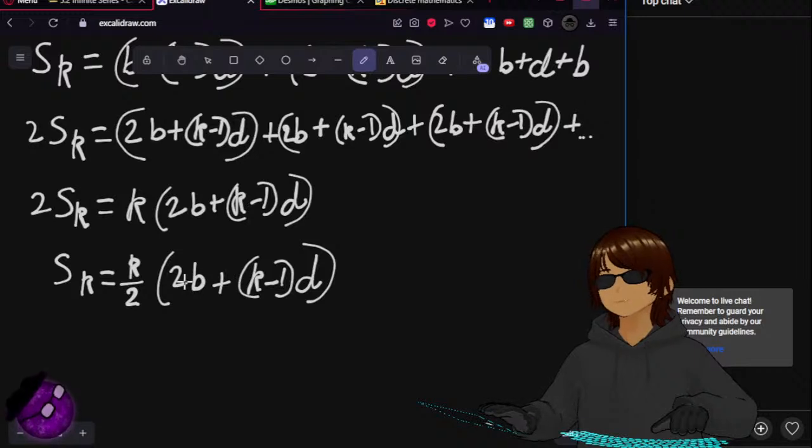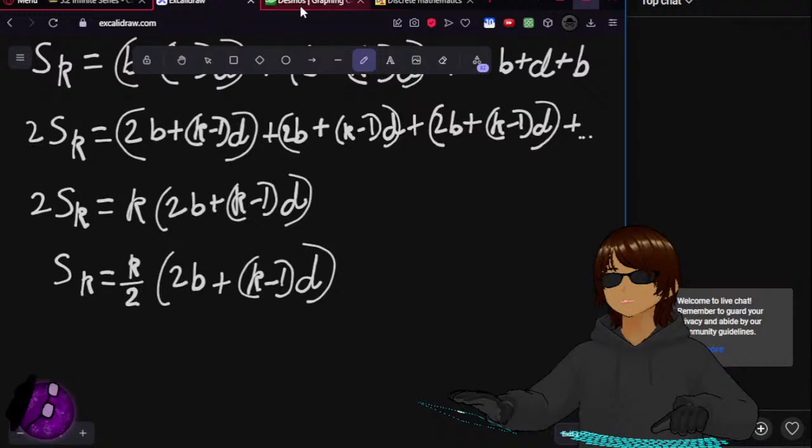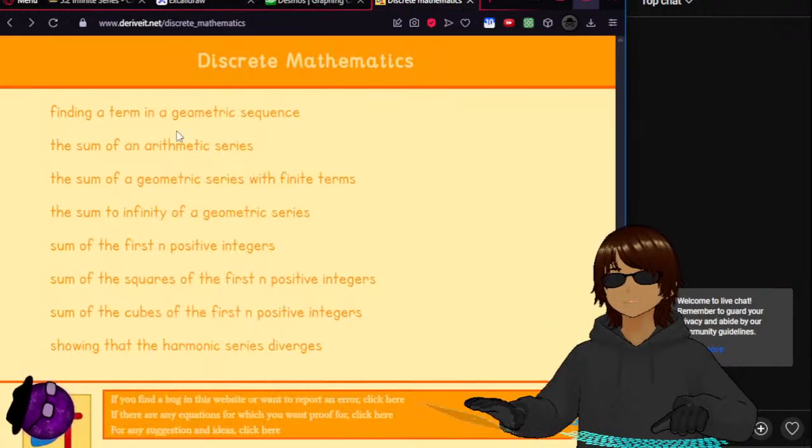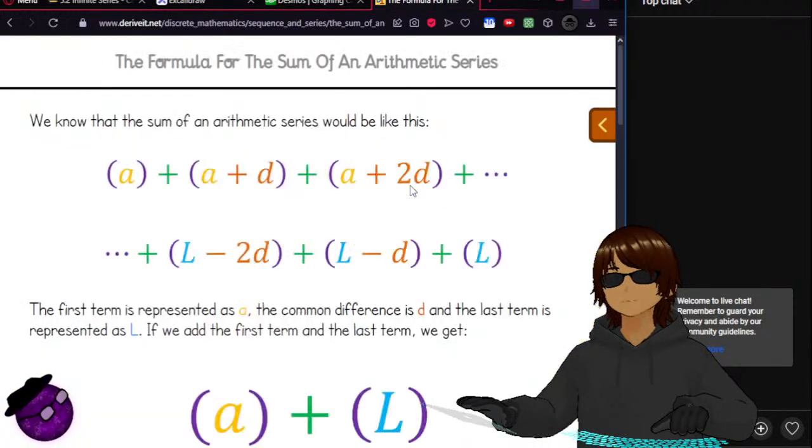So it's basically the first and last term, k times, and then divided by 2. That is the sum of an arithmetic series.